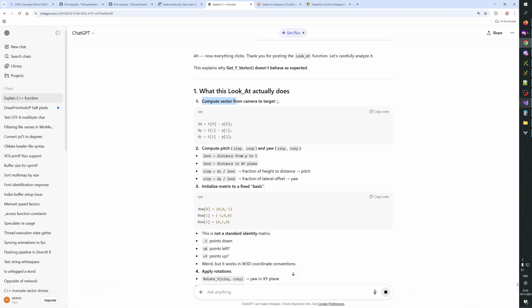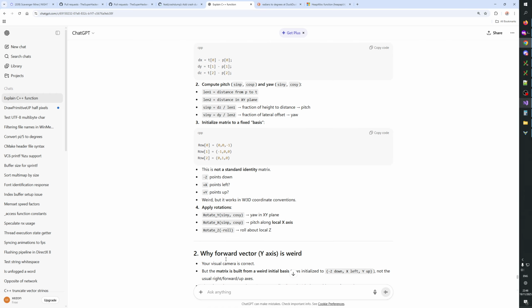Compute vector from camera to target. Compute pitch. Matrix fixed basis. This is not a standard identity matrix. Z points down, X points left, Y points up. Weird. Apply rotations, yaw. Pitch.